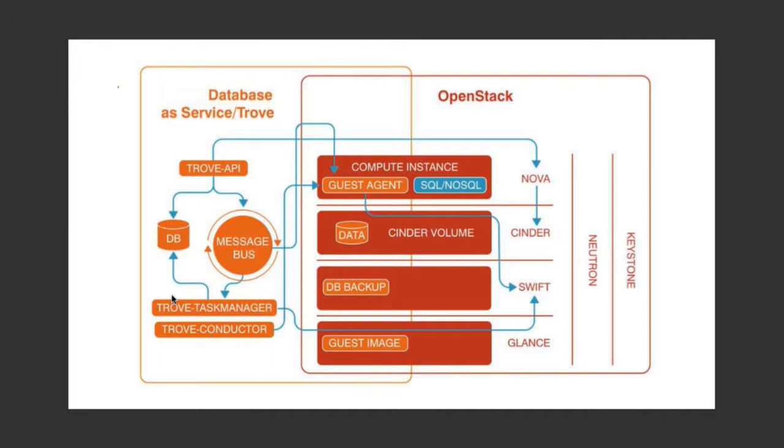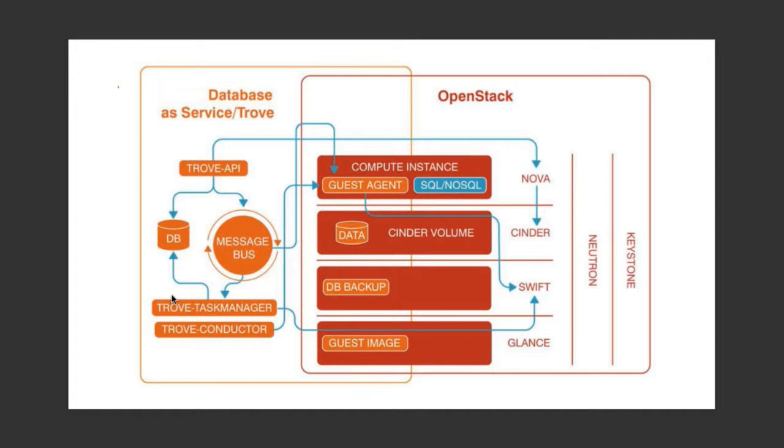The request that comes from the Horizon or the CLI, the entry point is the Trove API, which has a bunch of RESTful APIs to manage instances and also perform database operations. The DB is the model repository for Trove itself. It stores information about Trove instances and the databases that are created on those Trove instances.